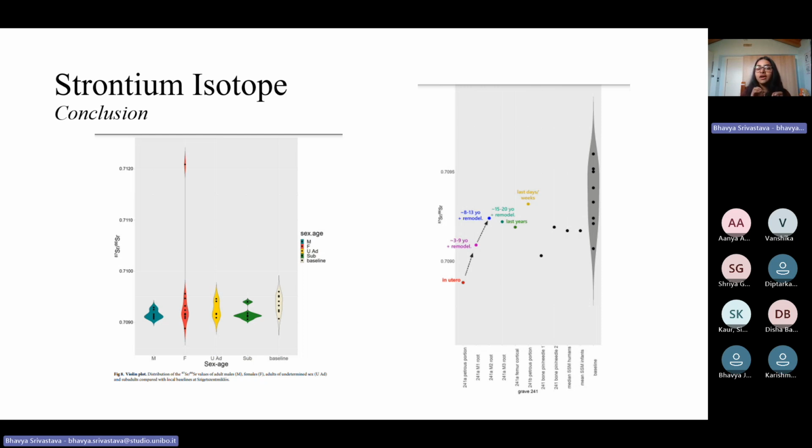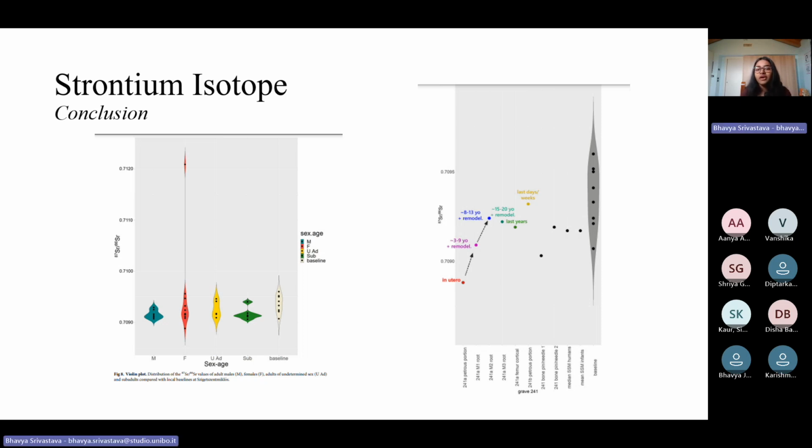The strontium ratios showed that the male population was fairly concentrated in the area. The female population, however, showed a variability across the strontium ratio. So if you see the y-axis here, you can see that there is one individual who did travel a lot, and she was not a part of the local strontium baseline.